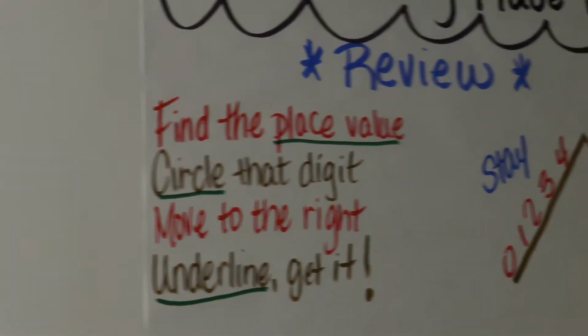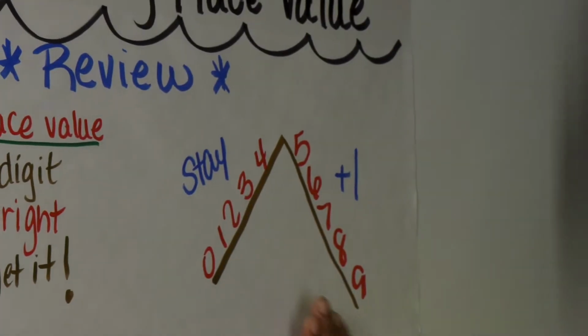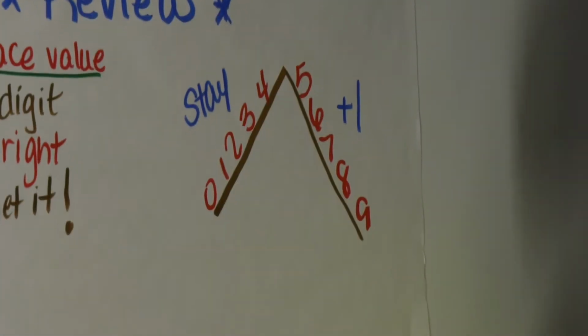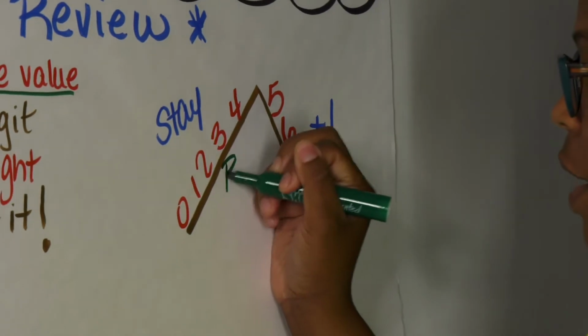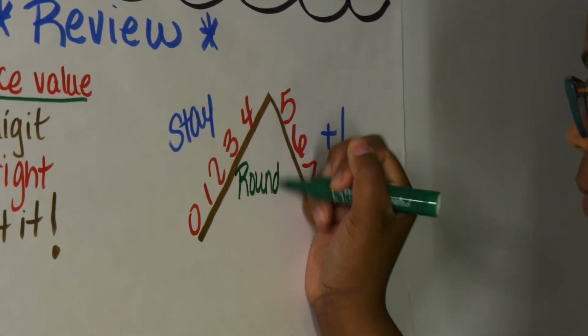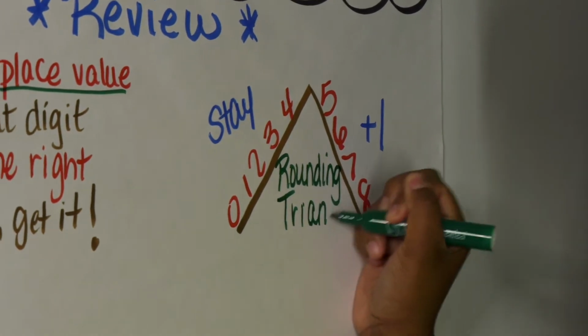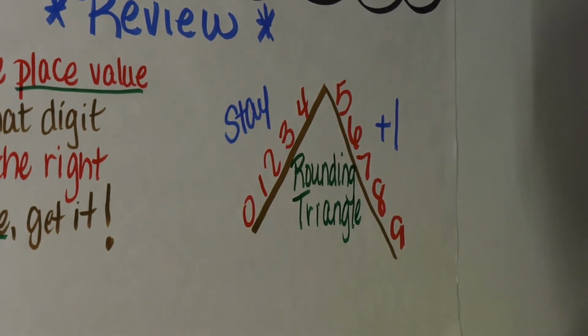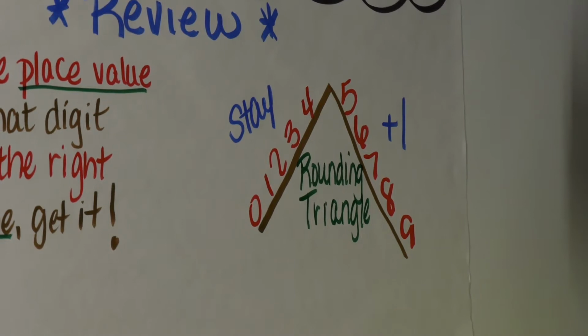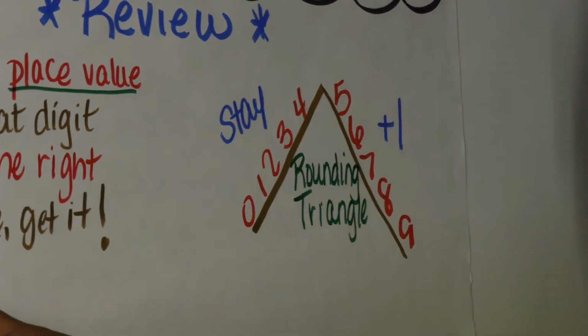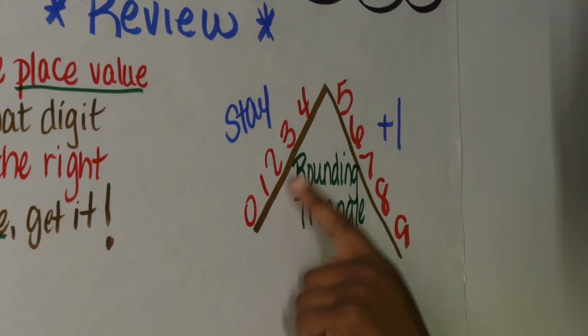Then we also use our rounding triangle. Okay, that's what this was called, our rounding triangle. And the rounding triangle helps us know what to do to our circled digit.